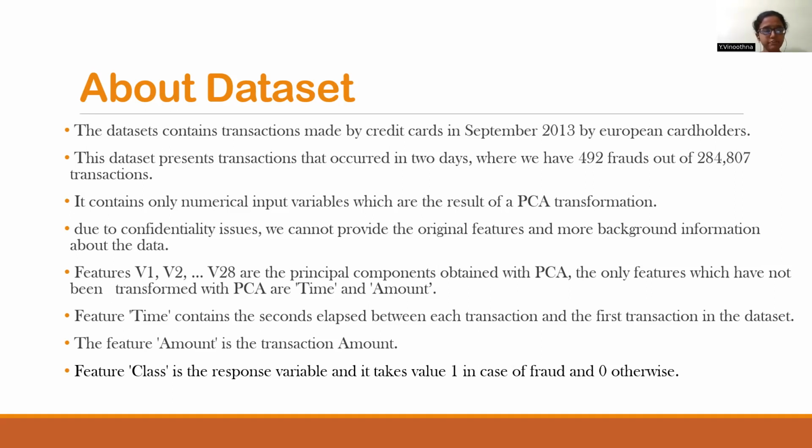Another feature, Class, is the target variable, also called the response variable, which refers to whether fraud has happened or not. If the Class feature contains 1, then fraud has happened, and if it is 0, fraud hasn't happened. This is a small introduction about the credit card fraud detection dataset.